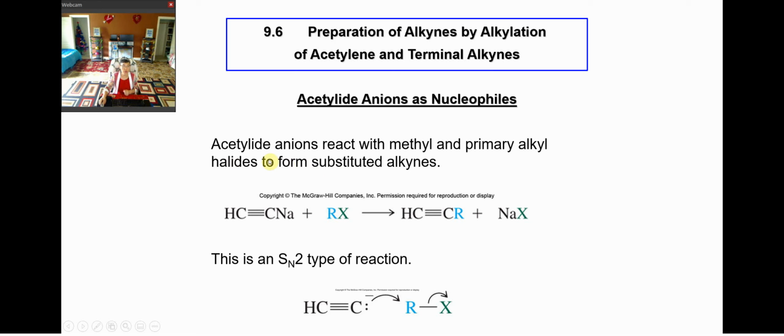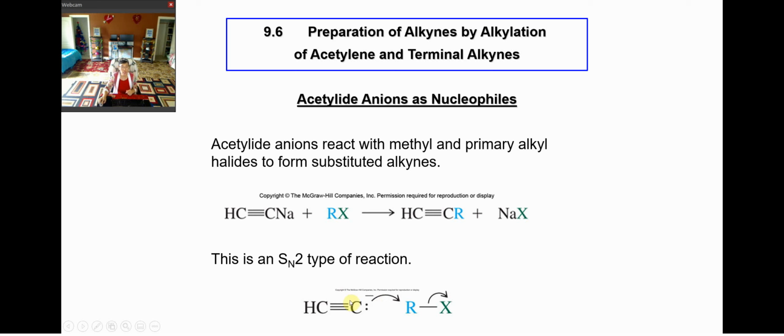In this example, the acetylide ion reacts with a primary alkyl compound, which will be bonded to the carbon of your triple-bonded compound. Sodium and the halide produce sodium halide.